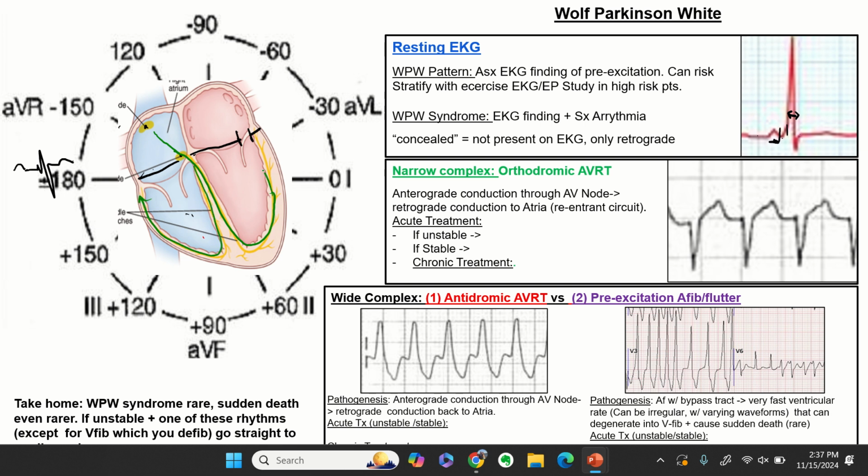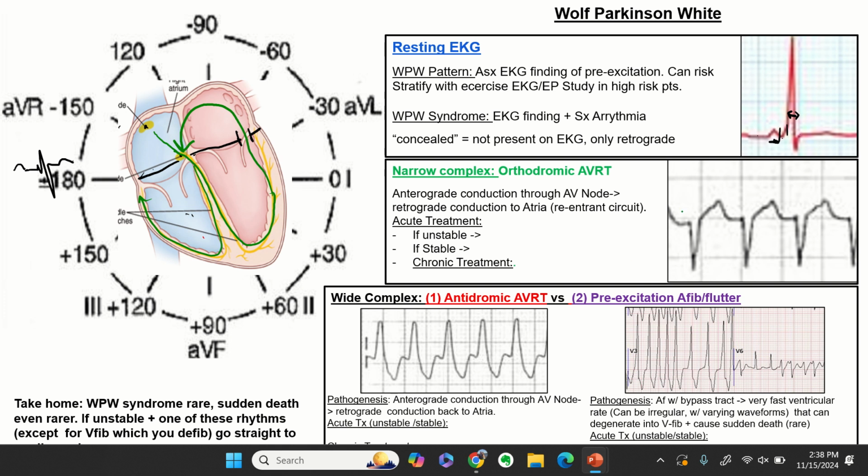Problem is these patients will go back up into your atria, back to your AV node again, and cause this reentrant arrhythmia. There's some ways you can tell that this is AVRT instead of AVNRT. AVNRT is basically conduction within the AV node itself, so the P wave comes right after the QRS. But for AVRT, it takes a little bit to get down the ventricle and back up to your bypass tract.